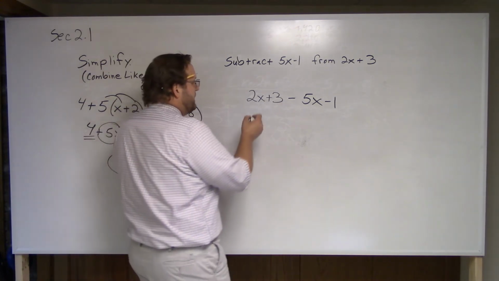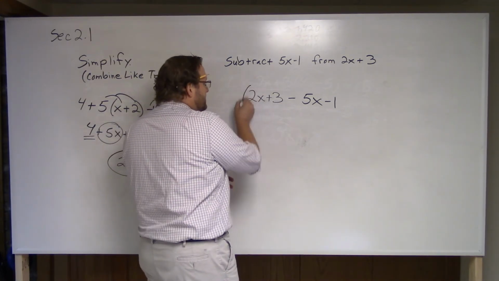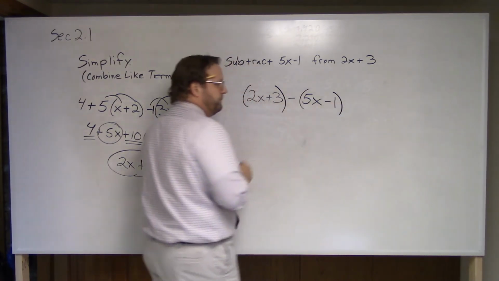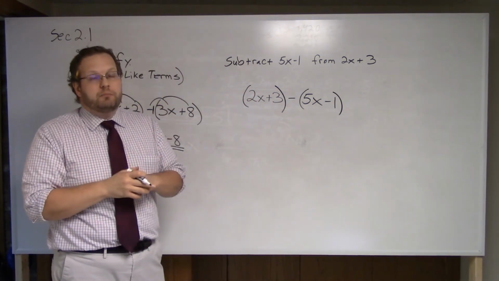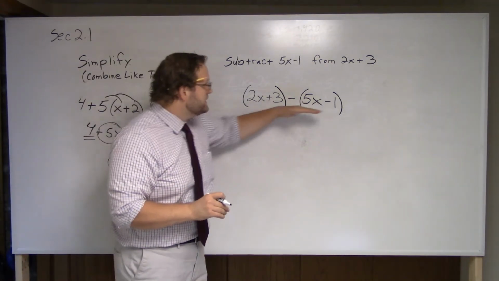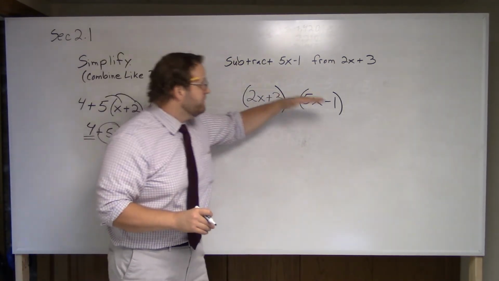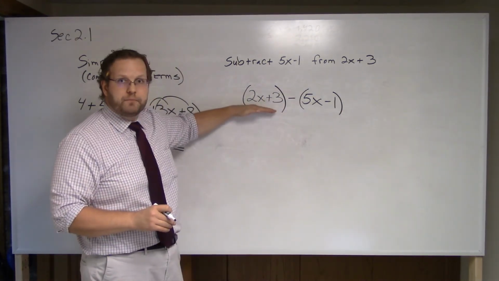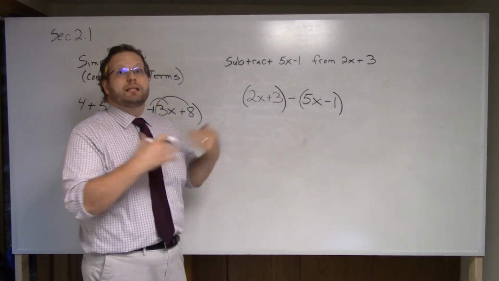So what I mean by that is, what I would do here is I would say this minus that. That changes the problem quite a bit. So we need to first hold these together because you are taking the 5x minus 1, this whole thing, from this whole thing.